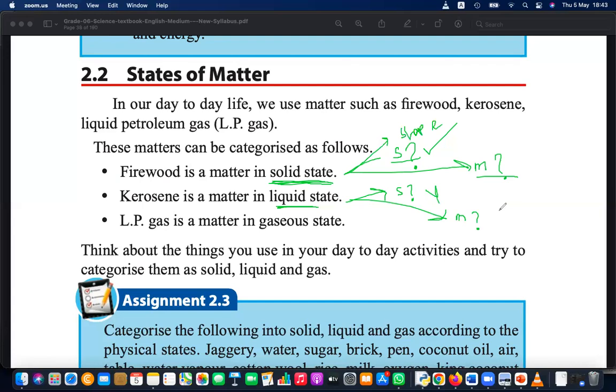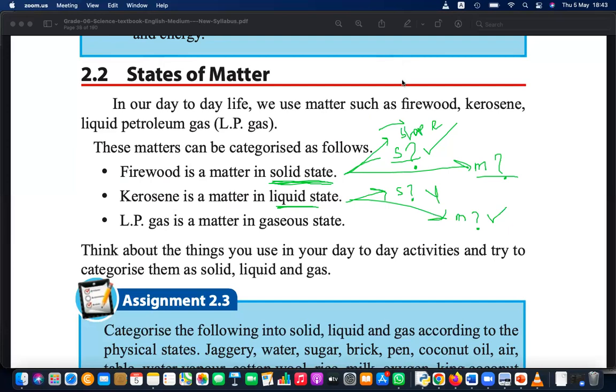Yes, it's having mass as well. So is it having a shape? No, sir, it's taking the shape of the container. So okay, that is how we identify a liquid.